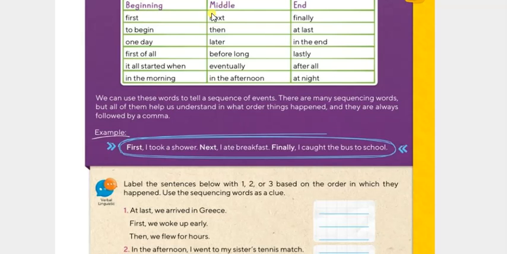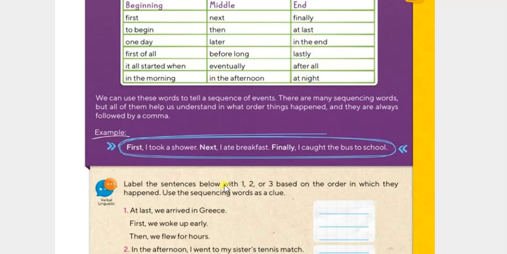The middle of the events we usually use these words. Next, then, later, before long, eventually, in the afternoon. And to speak about the end of an event, we use these kind of words. Finally, at last, in the end, lastly, after all, at night.